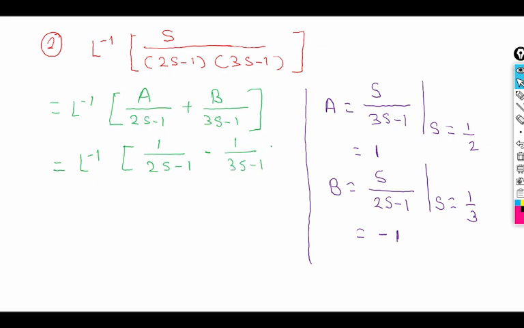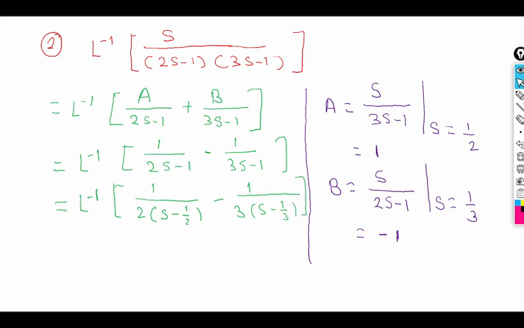So this is the case where we cannot apply the standard result directly. The requirement is 1 upon s minus a. So what is a simple thing that we can do to make the coefficient of s as 1? We can take that 2 as common. So it is 2 into s minus 1 by 2, minus, and from the second term we can take 3 as common, s minus 1 by 3.